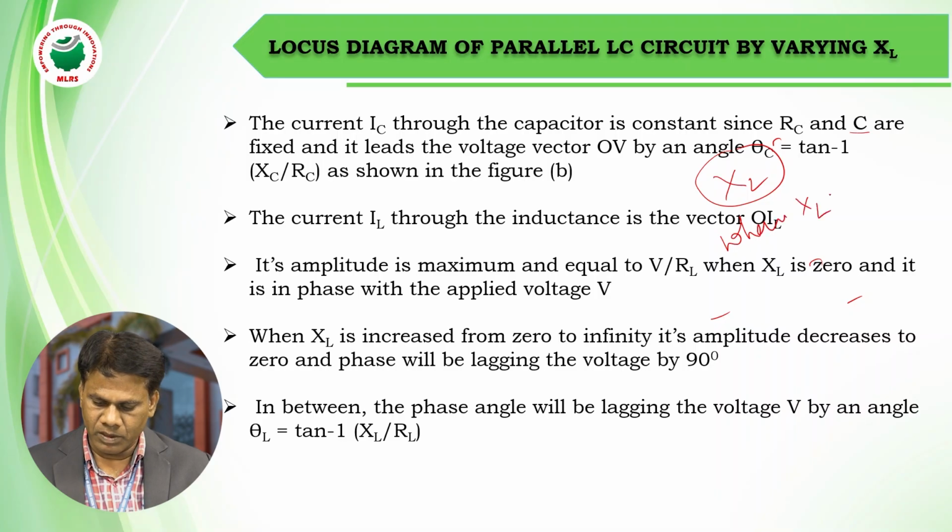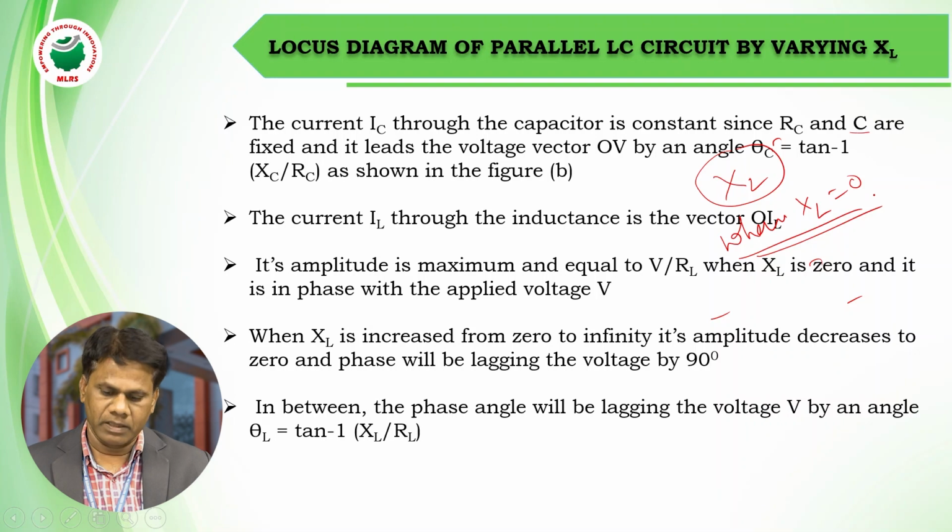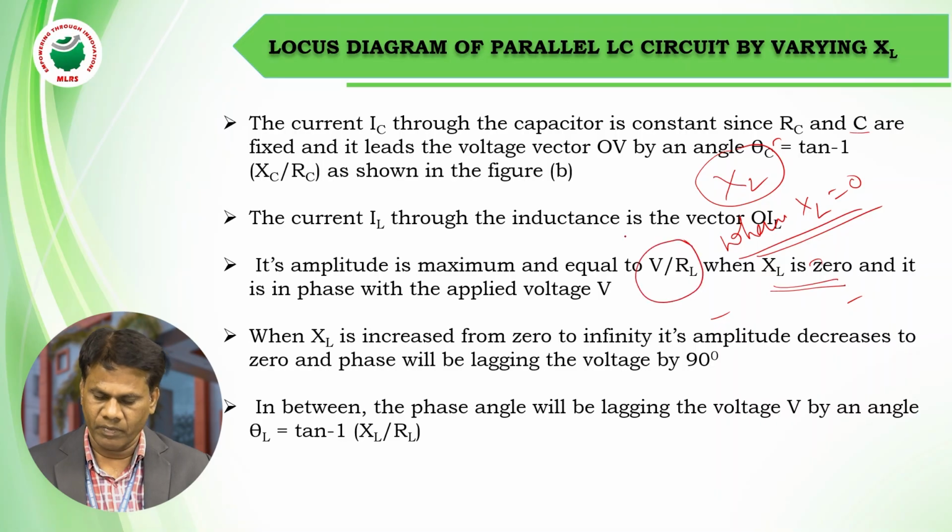When XL is equal to 0, the amplitude of the current, the maximum current, is V by RL. This can be seen while drawing the locus diagram of the LC circuit. So when XL is equal to 0, the current is maximum, and the maximum value of current is given by V by RL.